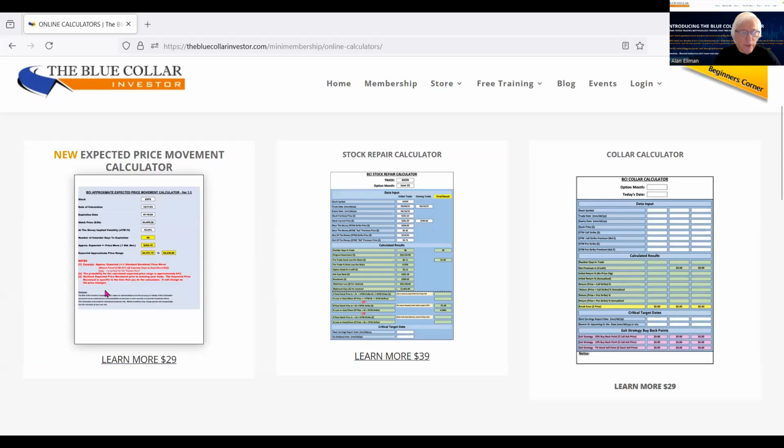Now the expected price movement calculator is another valuable tool that we developed. And this involves using implied volatility to calculate an expected price range for any particular security for any particular contract.